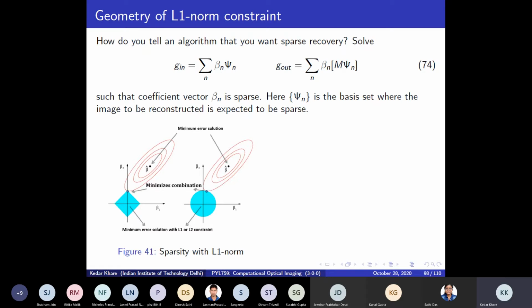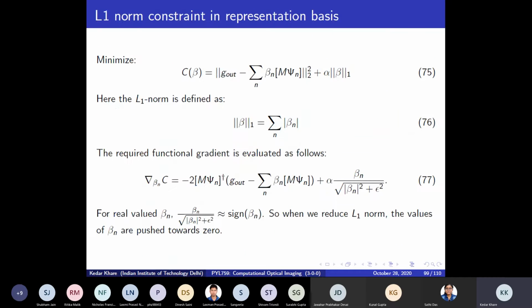Why does so if I pose the problem this way, as given in equation 75, I want to look at a cost function which is a function of these unknown coefficients beta, such that the first term is an error squared term, but the second term is the L1 norm of beta.